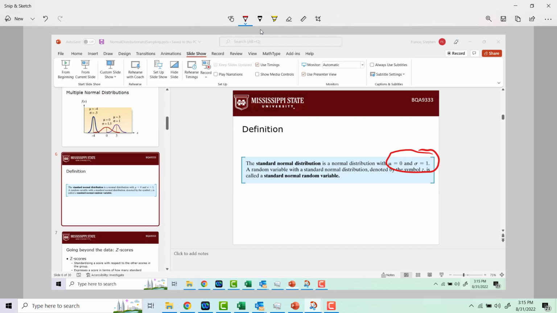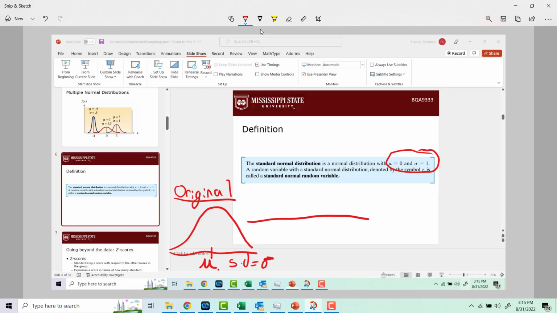So let's say we have my original distribution, and we have a mean of mu and a standard deviation of sigma. And we want to transform it to this distribution where the mean is 0 and the standard deviation is 1.